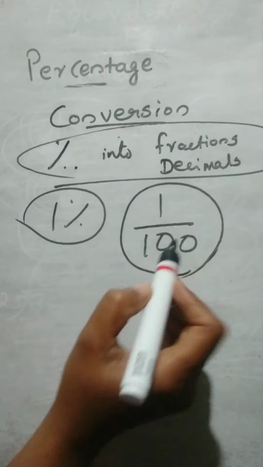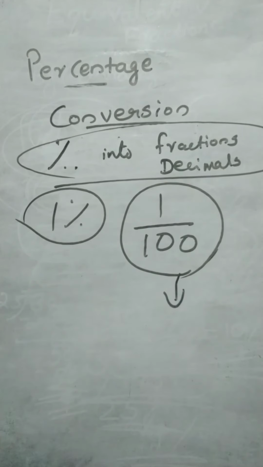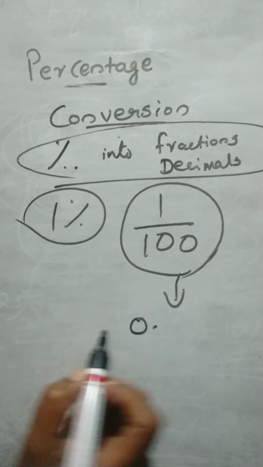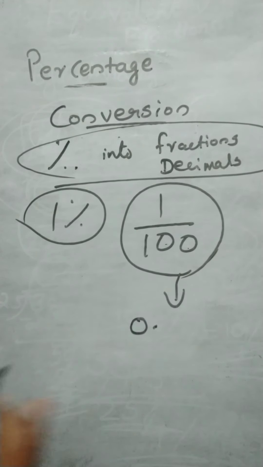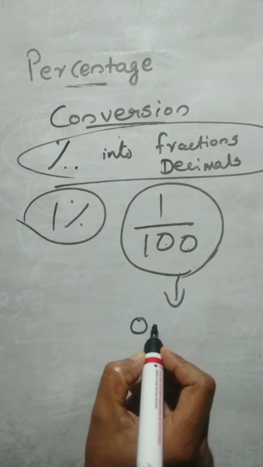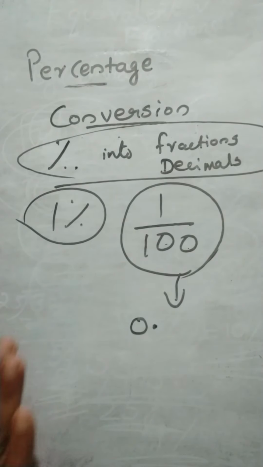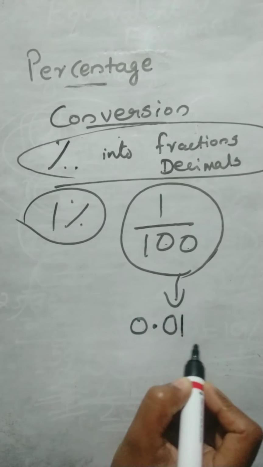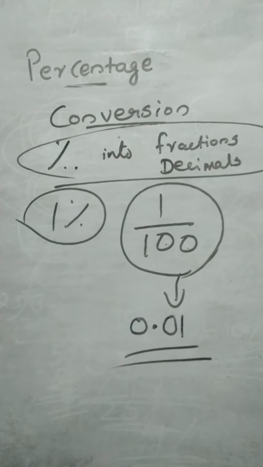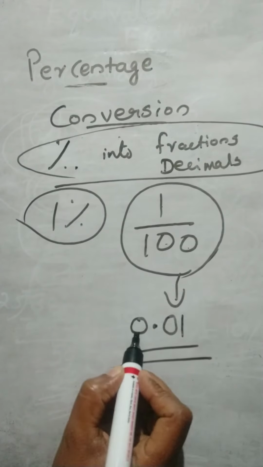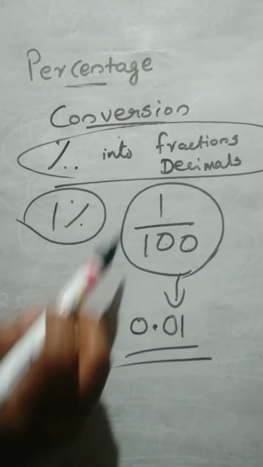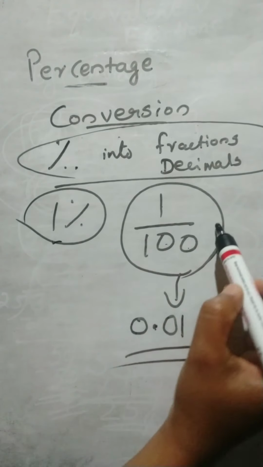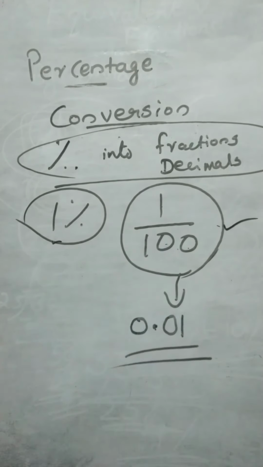Okay, then we have to convert this into decimal form. That is 0. How many zeros are there? 2 zeros. So, after decimal point, 2 digits should be there. So, 1 is already there. So, here we can keep 1 0. Okay. So, the answer is 0.01 is the decimal fraction of 1% and the fractional form is 1 on 100.